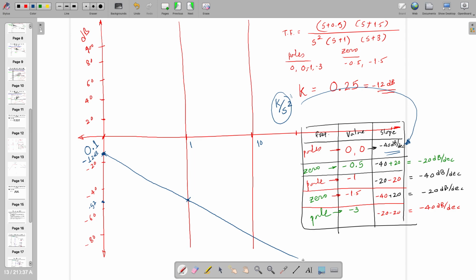If you are getting any difficulty, please ask my TAs. They will help you, sure. Gaurav, please ask me if there is any question. I'm drawing minus 40 because there are two poles, not one pole. I took a difficult system at the beginning itself, maybe. Mahima, are you following?